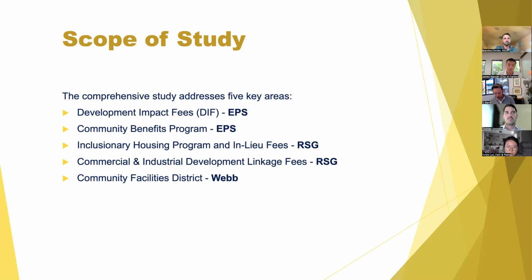The lead consultant with that is EPS, and Thomas is here. Along the same lines, the community benefits program would be a new funding program contemplated under the general plan, and EPS is also the lead consultant there. Brandon at RSG is the lead on the inclusionary housing program and in lieu fees.